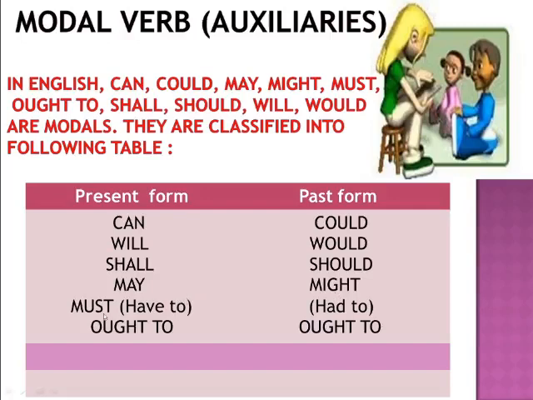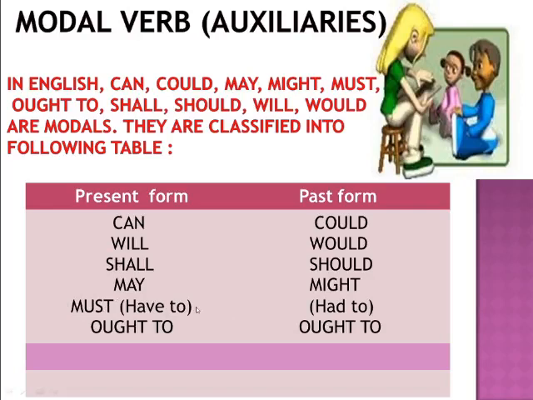Must we can also use as have to. For example, you must learn English, and in this way also we can say it: you have to learn English. The meanings are the same. It is just showing a duty, have to. And at the same time, must is just showing a compulsory activity.